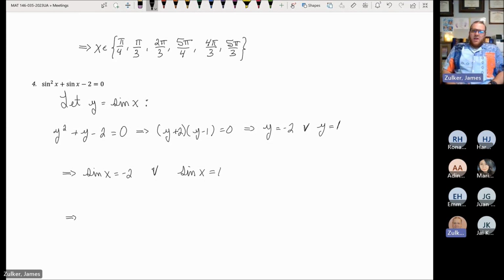What is the range for sine? Isn't sine always between negative 1 and positive 1?